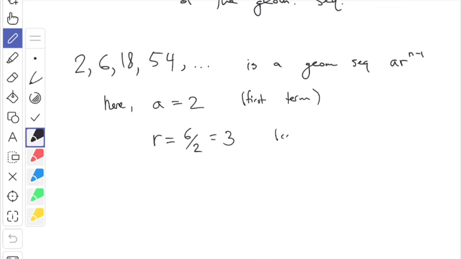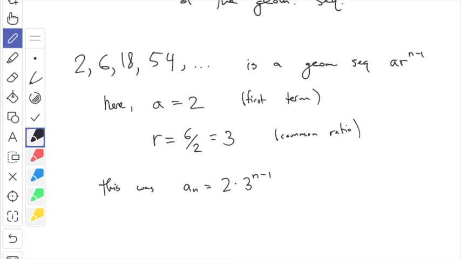This is the common ratio, right? And so immediately I can say what my formula is. So this sequence was apparently a_n equals 2 times 3 to the n minus 1, which, I mean, is not exactly obvious if you just look at the numbers, but it's easy to figure that out.